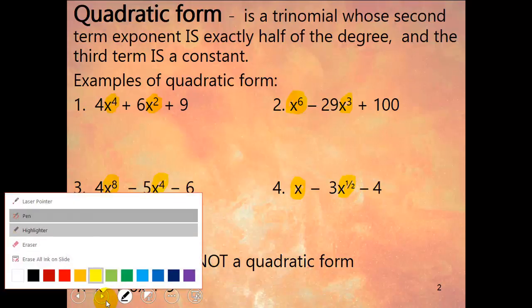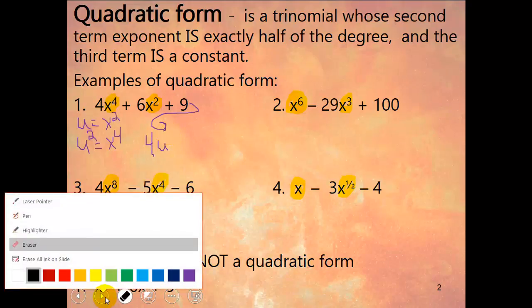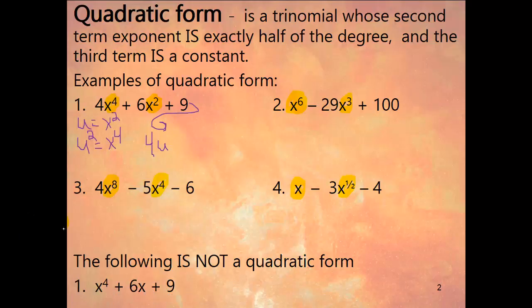All right, so what you could do is you could rewrite this. If you let u equal x squared, then u squared equals x to the 4th. So you could rewrite this polynomial as four u squared plus 6u plus 9.